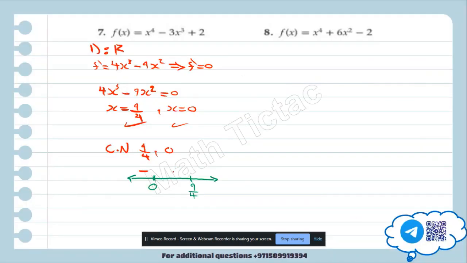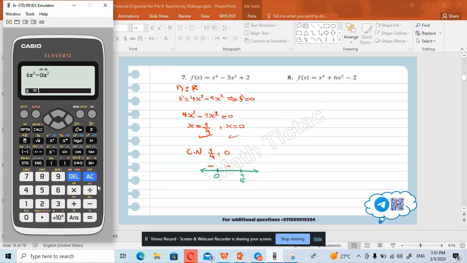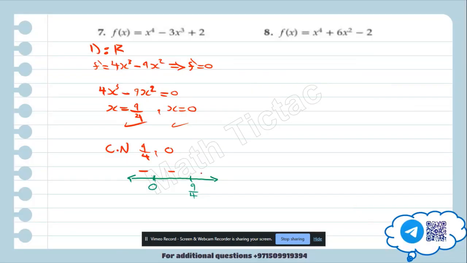So again, this is negative. So let's choose another value greater than 9/4. Let's choose 5, for example. Calc, 5. Okay, so this is positive. So now I have a positive value.